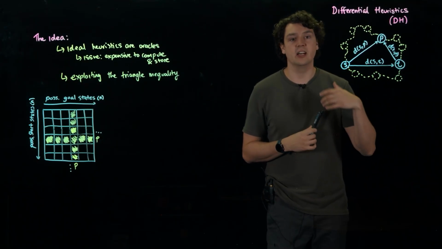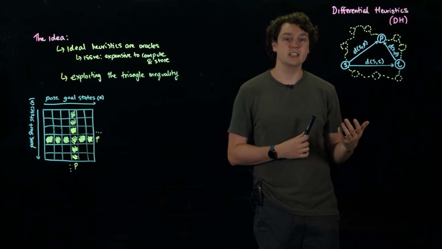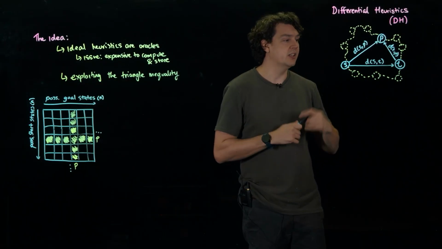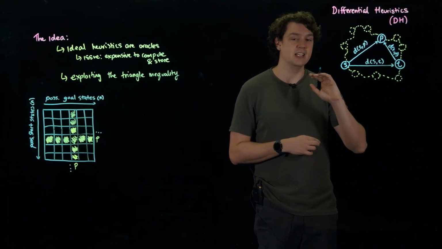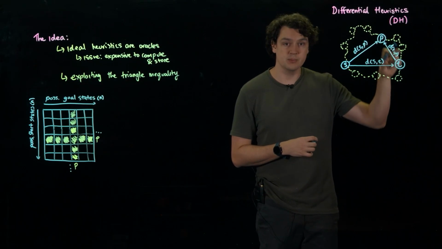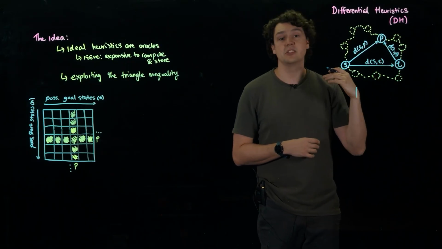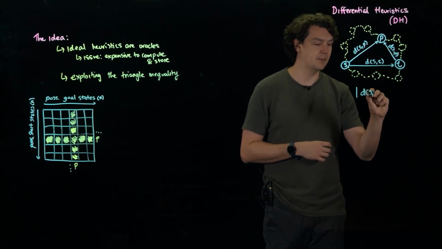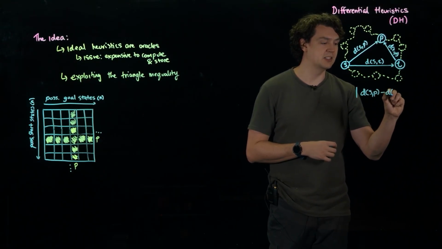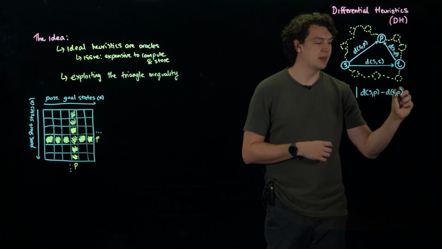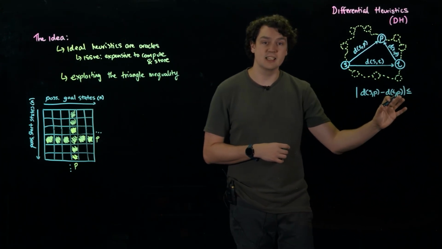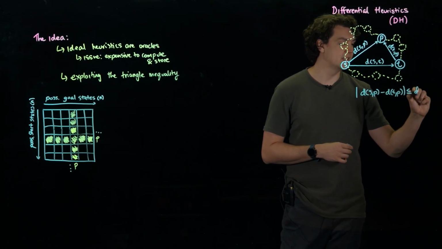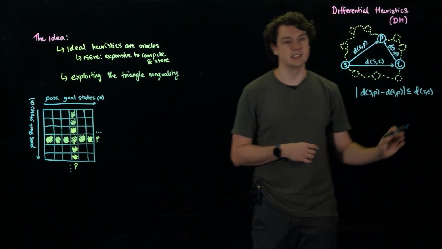Well, there's this other very similarly related version of the triangle inequality, the inverse triangle inequality, which we can write up as follows. It is essentially saying the absolute value of the difference between the two sides, so this is the distance from S to P minus the distance from T to P, must be less than or equal to the distance from the start to the target.